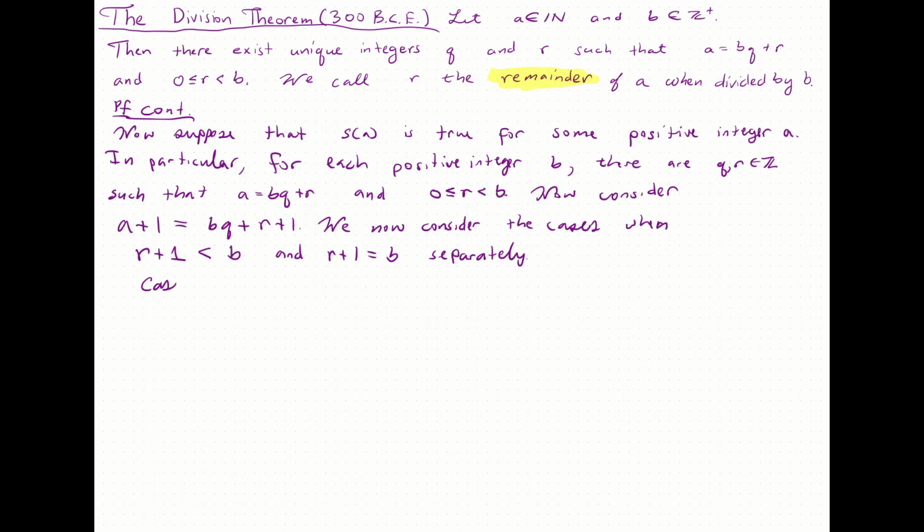So case 1, suppose that R plus 1 is less than B. Then let Q prime be equal to Q and R prime equal to R plus 1.